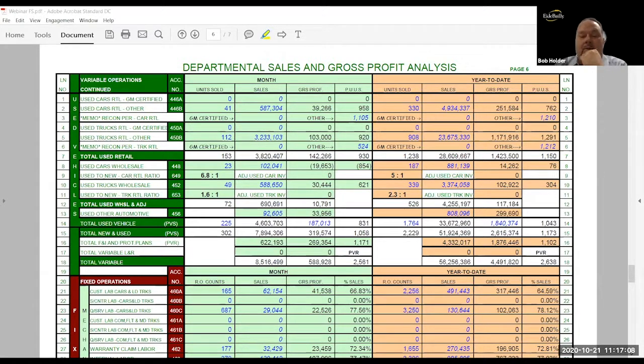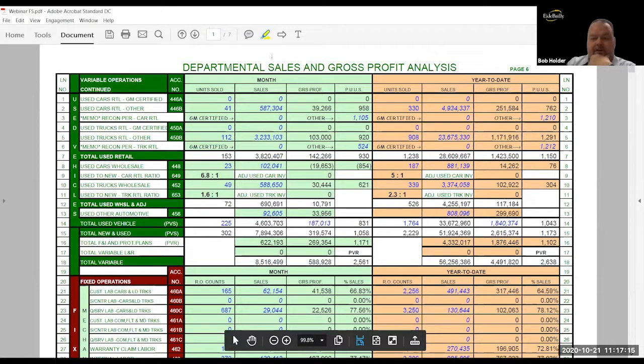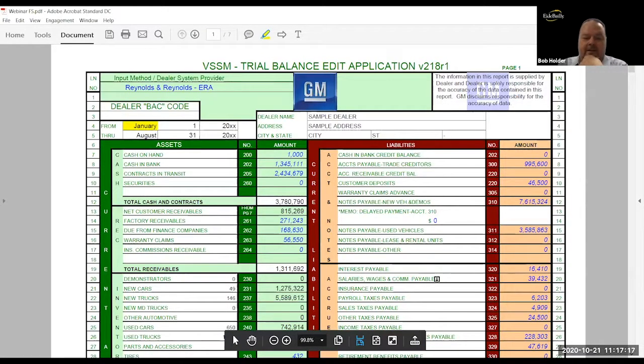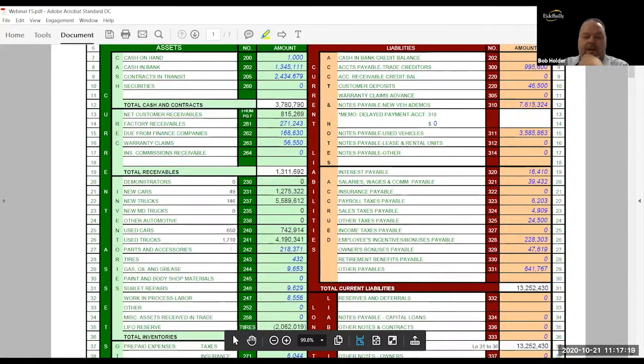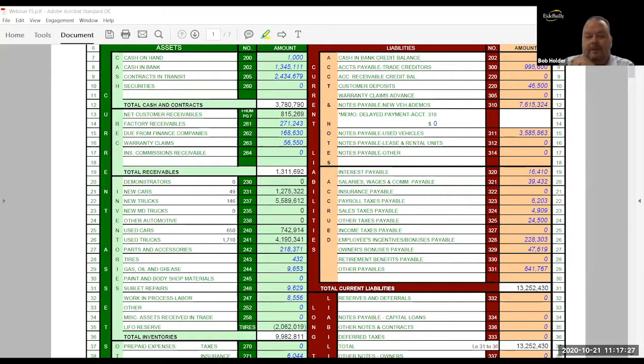So what that can help you with, if you go back to page 1, and we have used cars. Now this number is not right. But if we had the right number in there, we could figure out, so $742,000 in cars, you got 23,000 a piece.